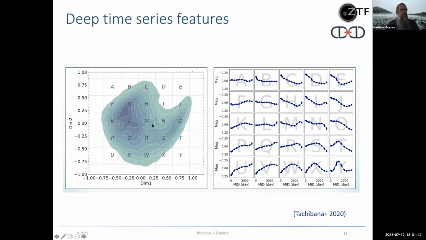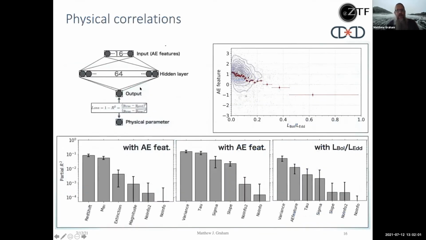So at least in terms of morphology or in terms of shape parameters, this seems to be extracting something and telling us something about the sorts of things we may be seeing in AGN light curves. The question, however, is there any physical information? I mean, this is purely morphological information in terms of shapes, but can we do anything more with this? And so what we did was we took our 16 features and then we reduced it down to a single feature, just a single parameter for the sake of easy computation.